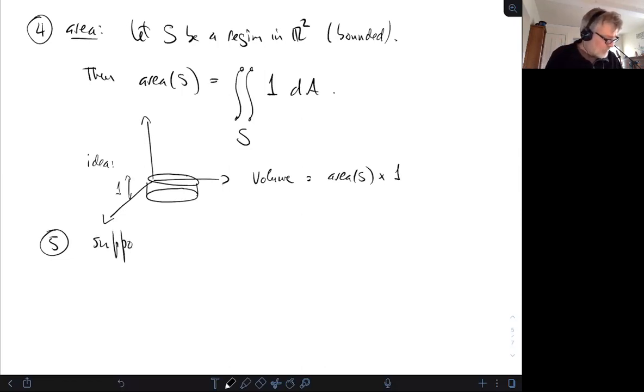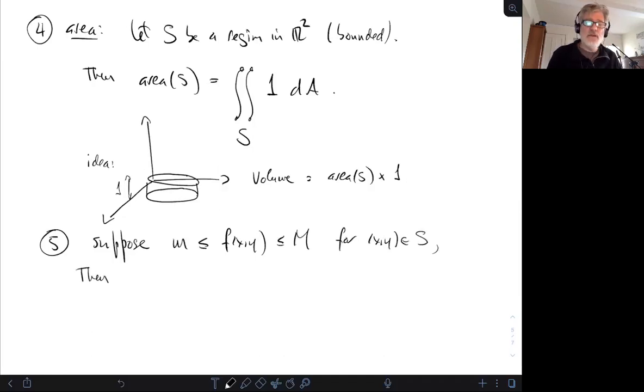So suppose that you have two values, little m and big M, such that f is always caught between little m and big M on S. Then you can have a rough estimate of your double integral as follows.